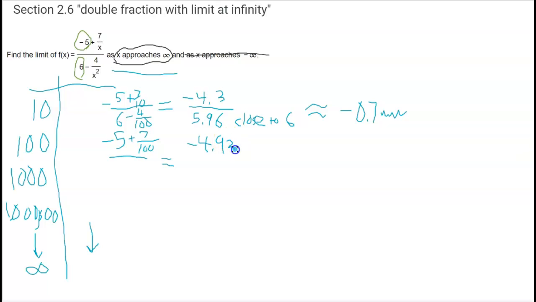That's quite close to -5. Now what about the bottom? 6 minus 4 over, well, now it's 100 squared, so that's 2 zeros plus 2 more zeros, 100 times 100. Yikes, 10,000.